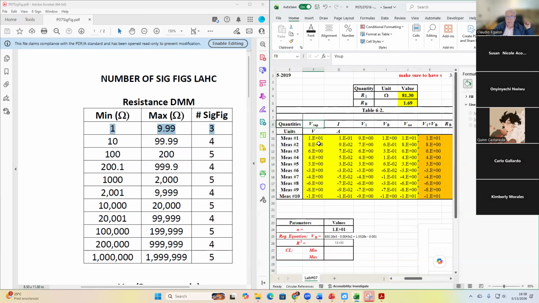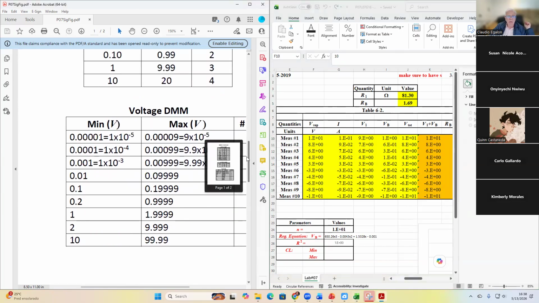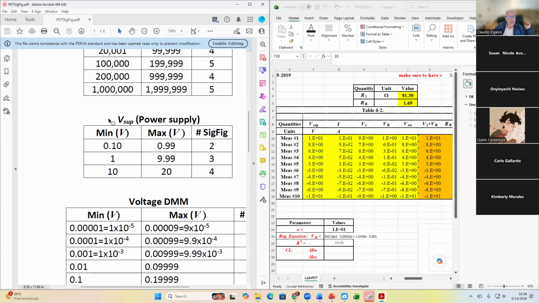V sub, I'm going to do just the first one right in here. The V sub should be in a different table, in the second table. V sub power supply. Anything between 10 and 20 is 4 significant figures. What do we have here?